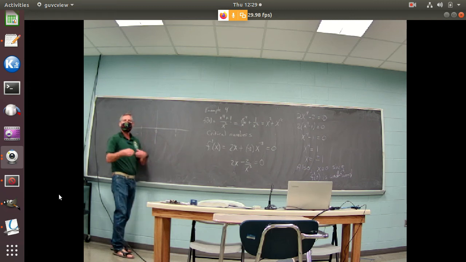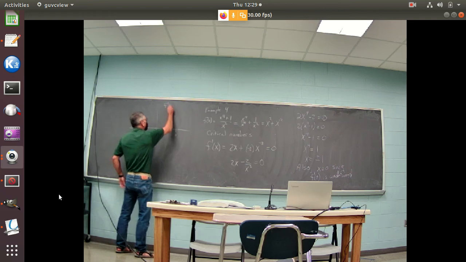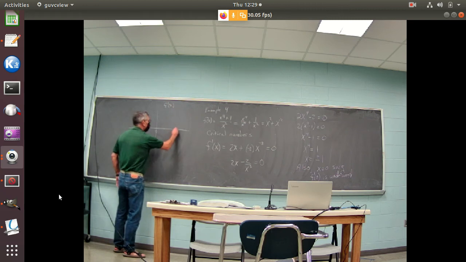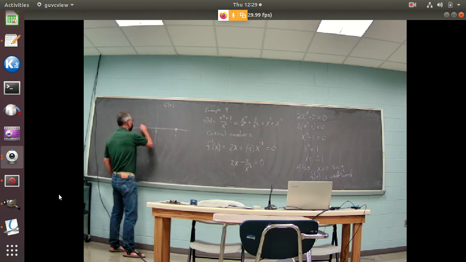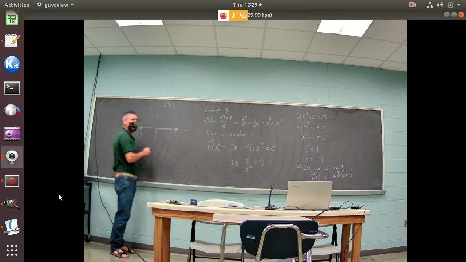If we're thinking about f prime of x here, I know it's 0 there, undefined here, and so I just need to figure out what it is in these 4 spots.